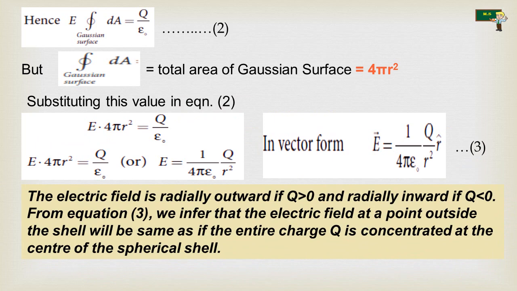The electric field is radially outward if the charge enclosed is greater than 0, and radially inward if the charge enclosed is less than 0.